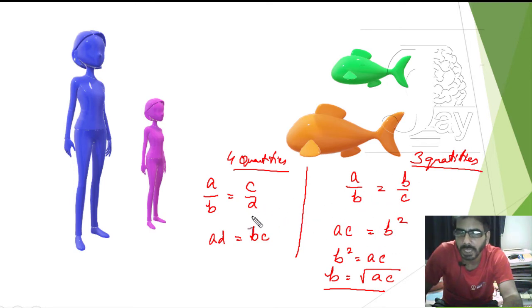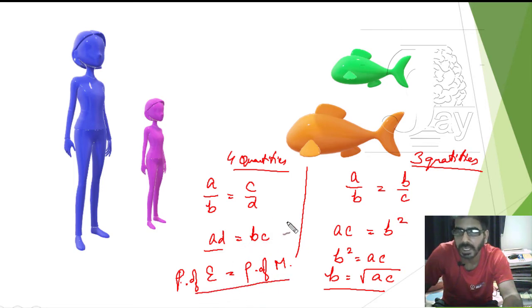You don't have to remember AD equals BC or B equals root over AC. What you need to know is just: product of the extremes equals product of the means. This is important. If you remember this, everything is going to be easy.